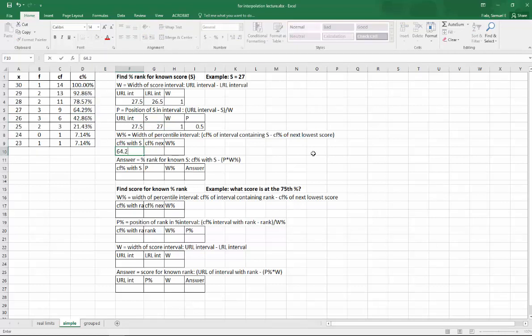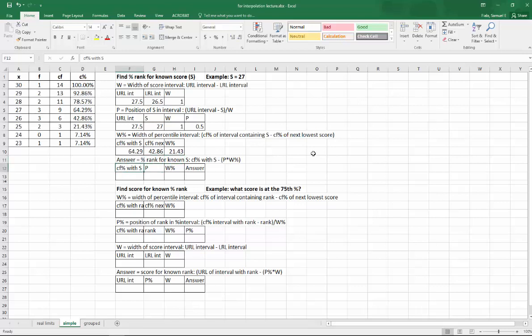It's somewhere in there. The next lowest is this 42.86. So the width of that interval is just equal to the first one minus the second one, right? 64 minus 42. All right, it's 21.43 percentage points.